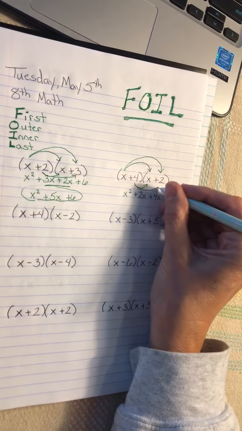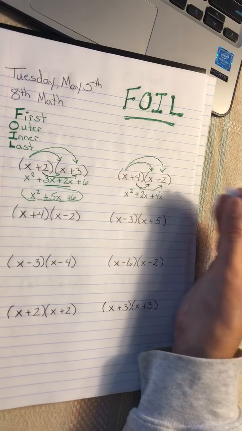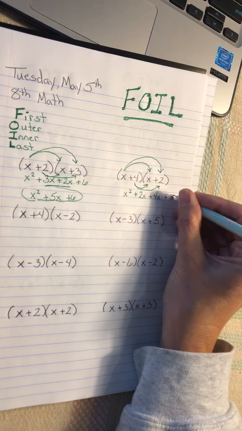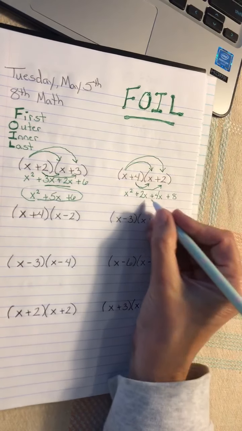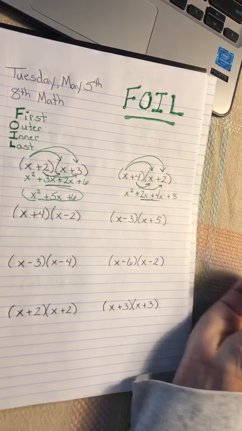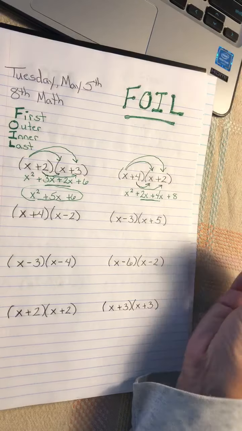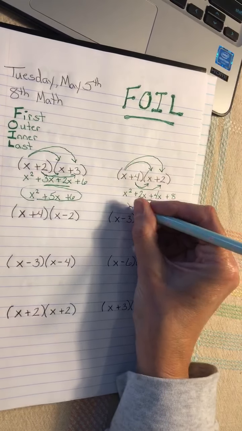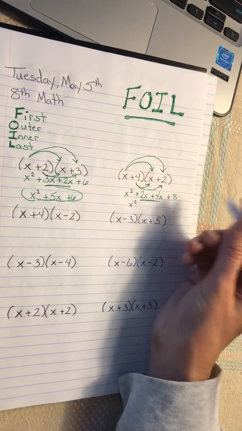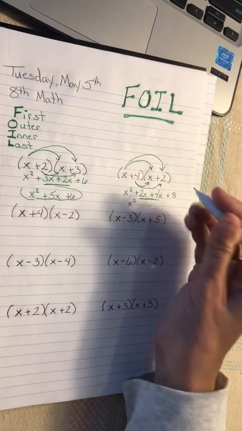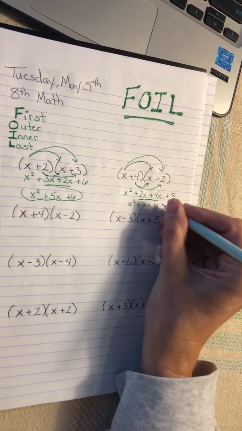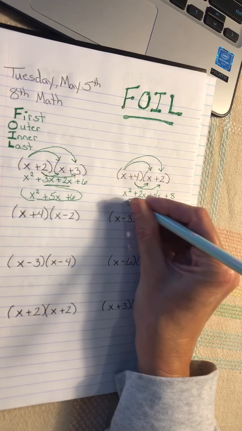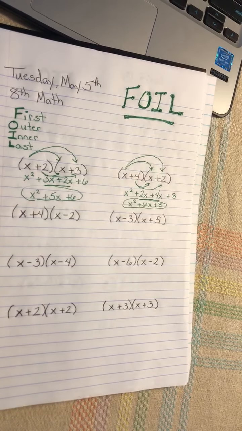And then last, 4 times 2 is 8. Okay, so I did FOIL. Now I need to combine my middle terms, my common terms. So this will be x squared, 2x plus 4x is 6x, plus 8. There's my final answer.